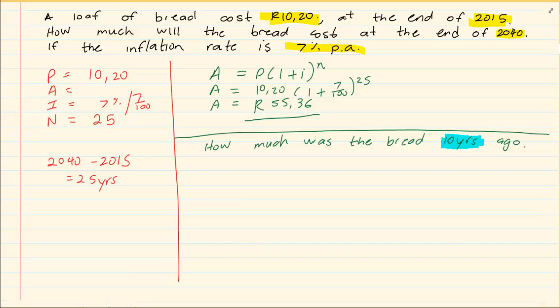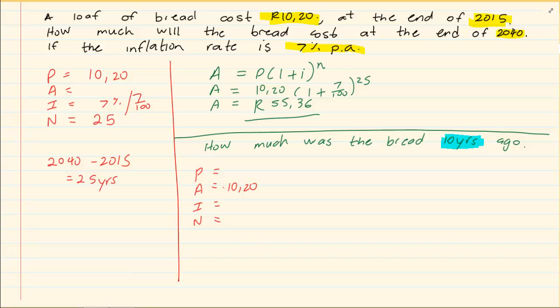Now if you write down your pain, this is where the trick comes in. 10 years ago was our P. Now is our A, which means they are actually giving us our A. Because remember, 10 years ago, that means we are trying to calculate what was it then, which is our P. Our A is what is now, but you must remember A, you are looking at it as a future. So that's how come P and A have slightly changed now.